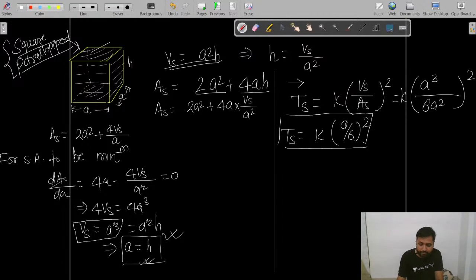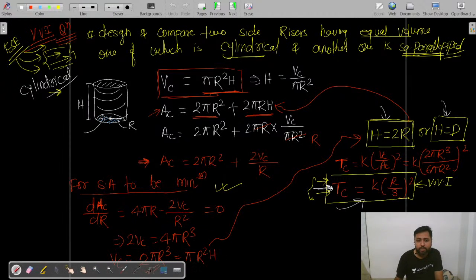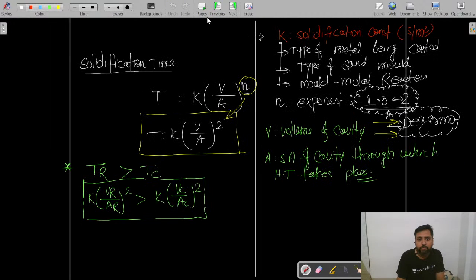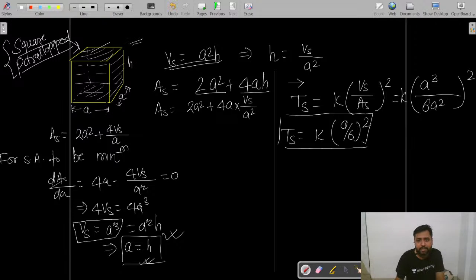One more thing they mentioned in the question: that you design a riser having equal volume. It means they are saying that the volume of the cylindrical riser and the volume of this square parallelopiped riser are equal. Yes, they already said this. So let us write it here: Vc is equal to Vs. Now, what is Vc?